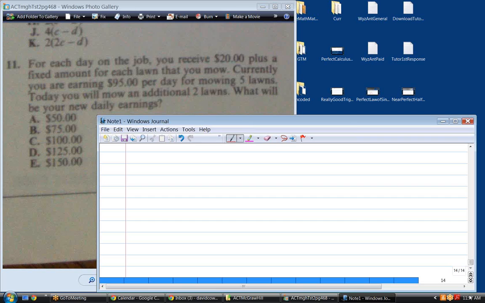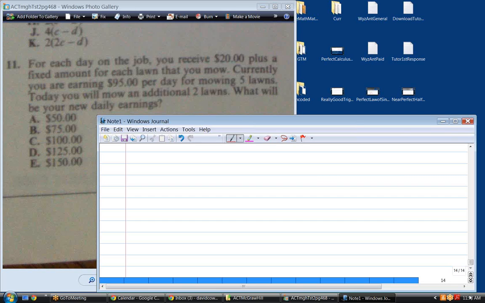So how much do you get per lawn? $20 plus a fixed amount. This is definitely a two-step problem.